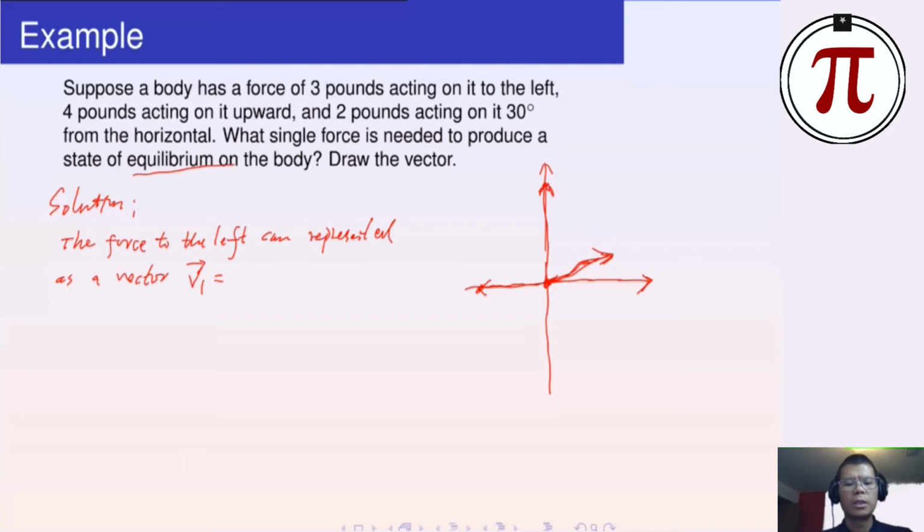This is going to be negative 3, 0, because it's pointing to the left. So from 0 to that, it's negative 3, 0.